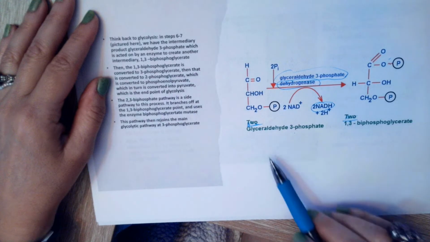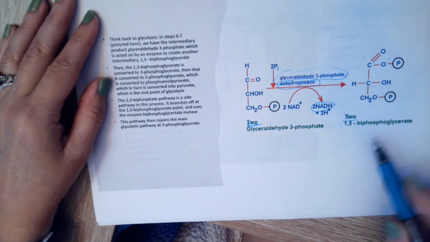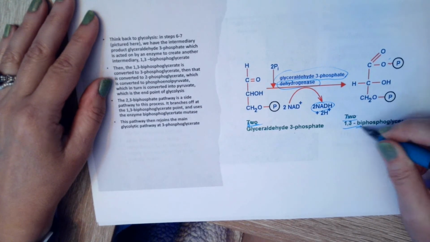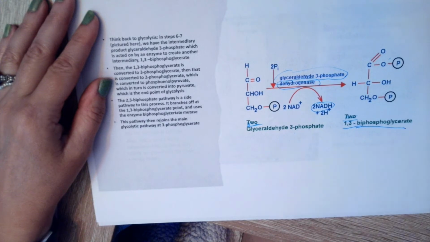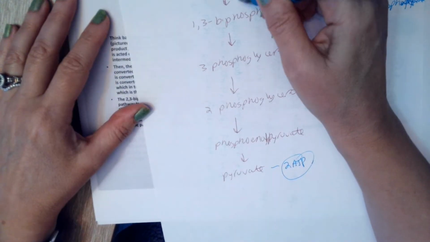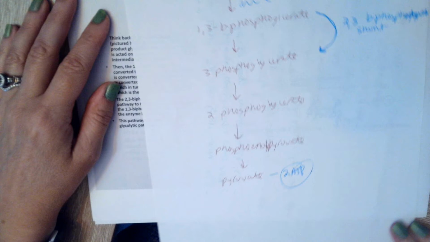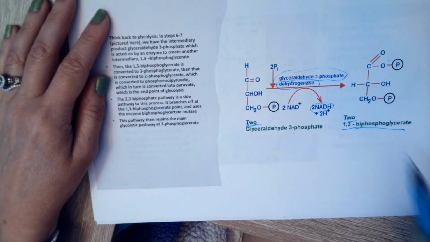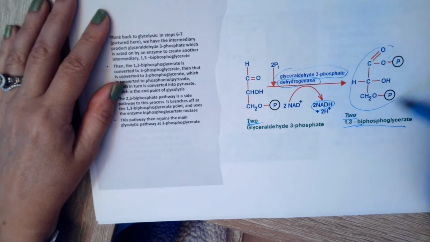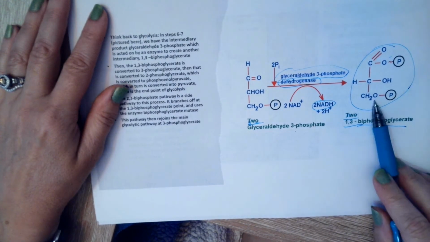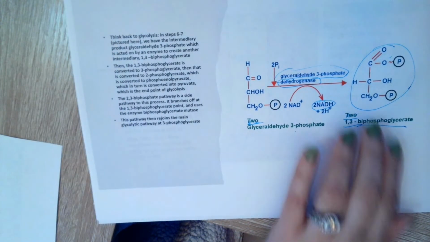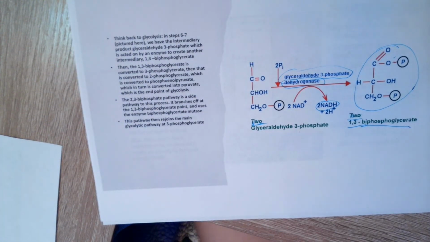Then we are using that to create 1,3-biphosphoglycerate. Okay, so this is where we are here. So we're looking at this step right here, and we're getting our 1,3-biphosphoglycerate. Okay, so that's this molecule here. So this is our part of glycolysis where we are going to branch off.